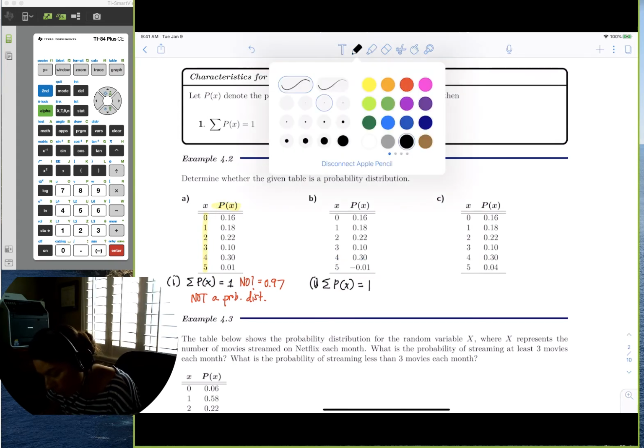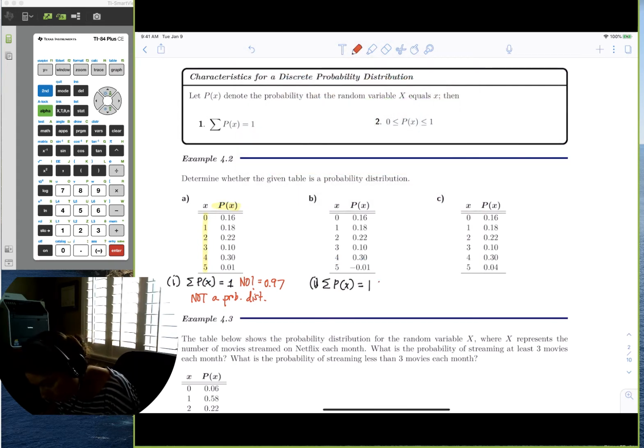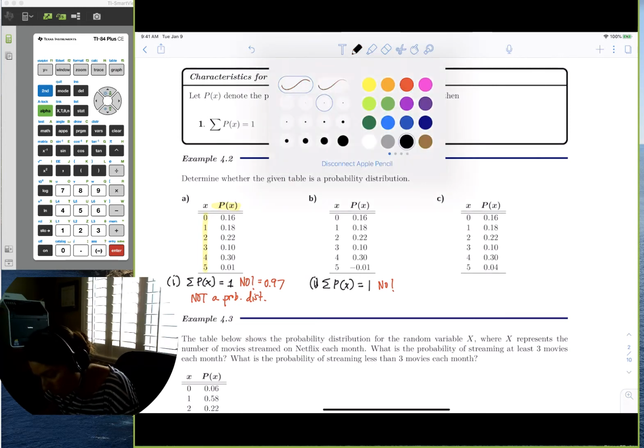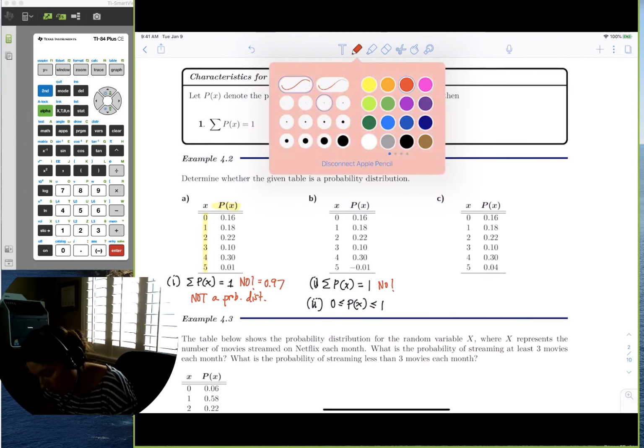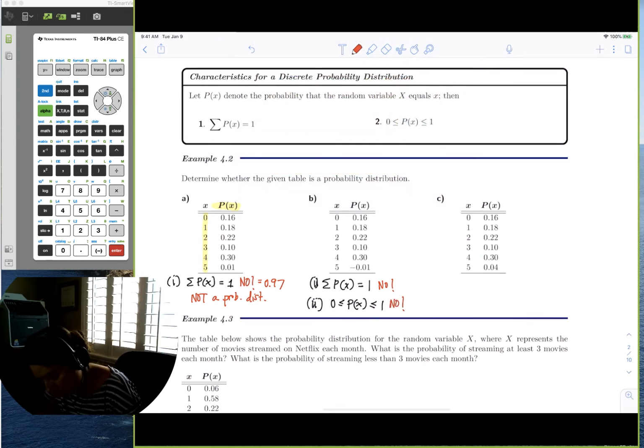So not only does it fail number 1, but also number 2, because if you look at it, are all the probabilities between 0 and 1? Right? And the answer is no. And so it fails both, and this is for sure not a probability distribution.